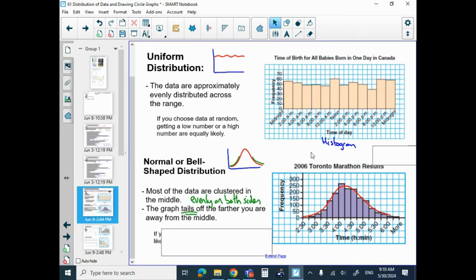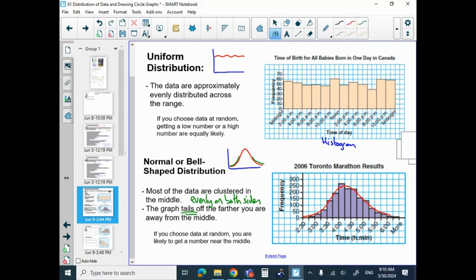What's happening here is the most likely result is in the middle. So here we have the most likely result. If you're getting any given answer from a survey, your best bet would be to guess that one. Of course, lots of values are possible, but that's the most likely one.